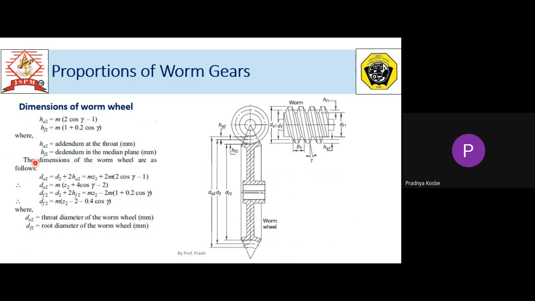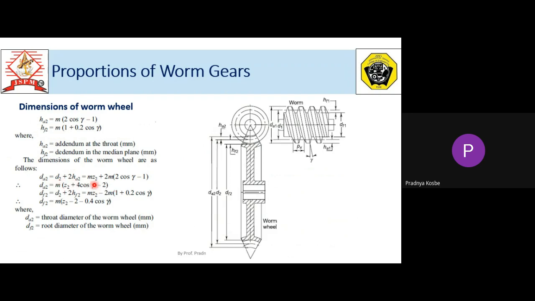So dimensions of the worm wheel are DA2 is equal to, here it is DA2. So it will be D2 plus HA2 plus HA2 on this side. So DA2 is equal to D2 plus 2HA2.